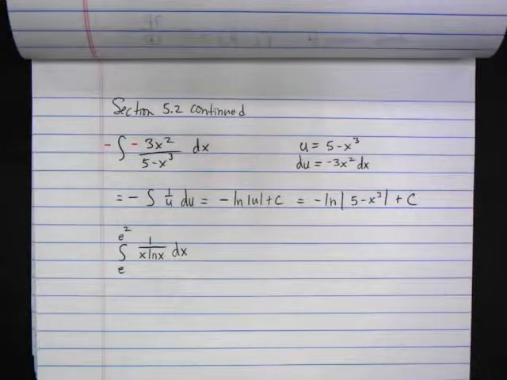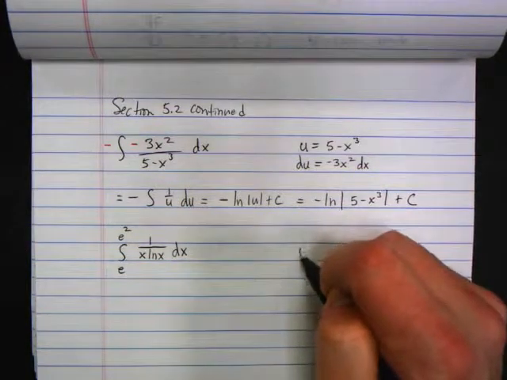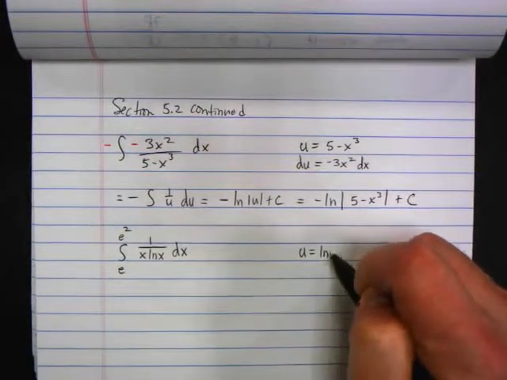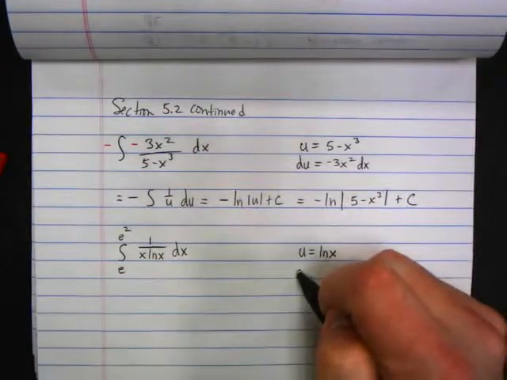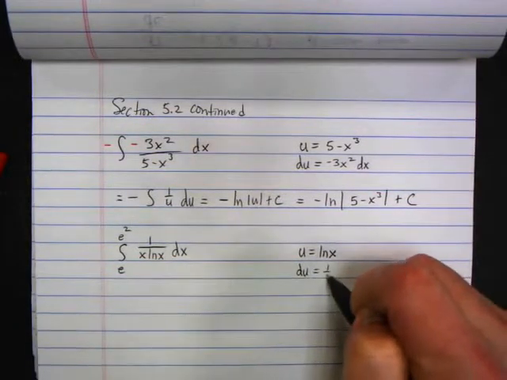U sub, yeah, these are almost always U sub problems. You might remember on the very first day I told you that you would use U sub practically every day. U is? This time it's just natural log of x. It's not the entire denominator. Why do you want u to only be the natural log of x? Then du will be the rest of your problem, won't it be? Du will be 1 over x dx.